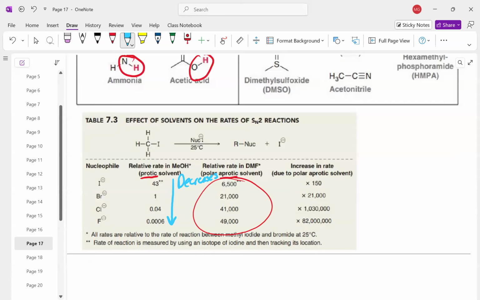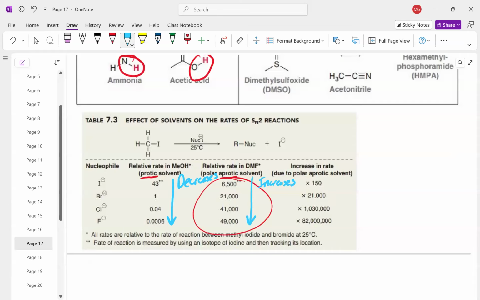So in this case, if you use a protic solvent, iodide is the fastest nucleophile. But if you switch to an aprotic solvent, now look at the rate. The rate increases as you go from iodide to fluoride. Now, fluoride is the most nucleophilic ion when you're comparing the halides.